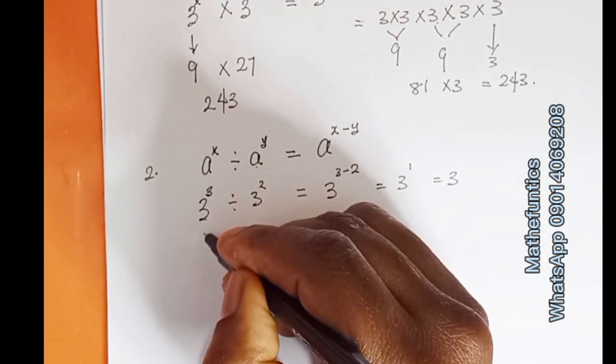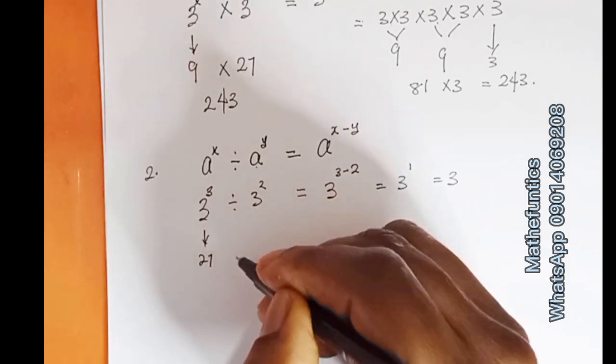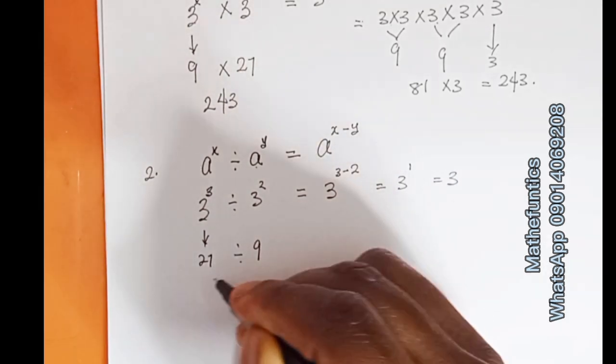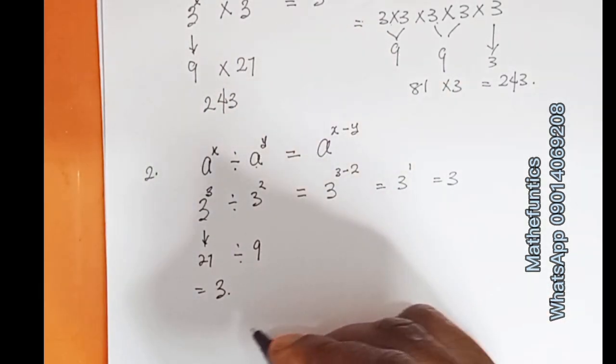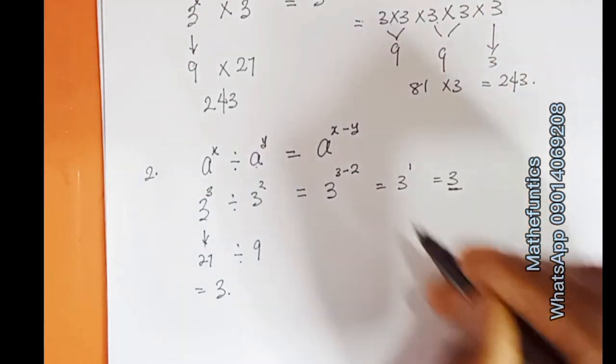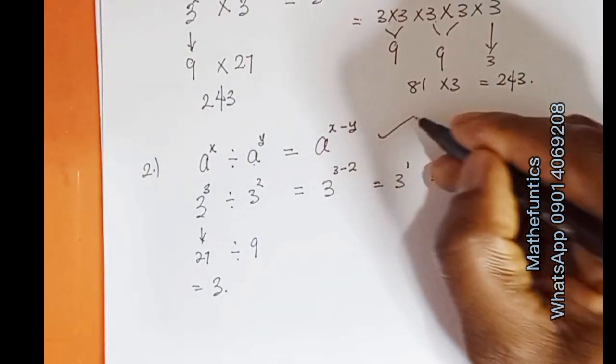If I follow this, this is also 27 divided by 9. 27 divided by 9 is 3, which is same thing as what we have here. So the rule follows. So we have this rule being the second.